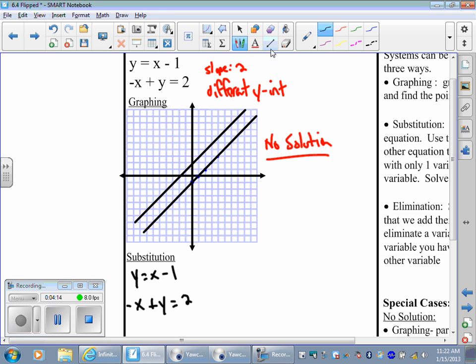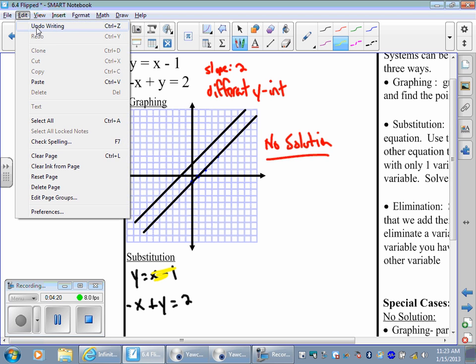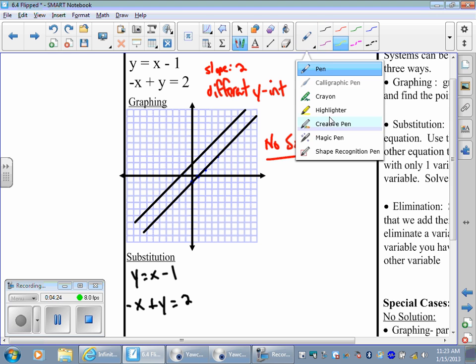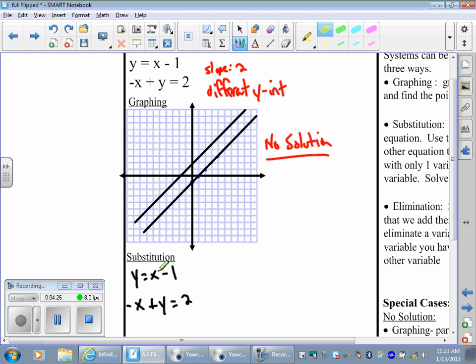Now, if we're going to use substitution, we already have a variable alone. So we already know that y is the exact same thing as x minus 1.